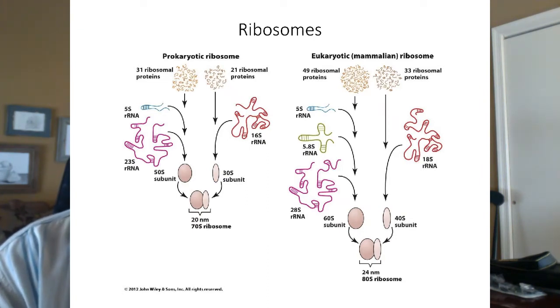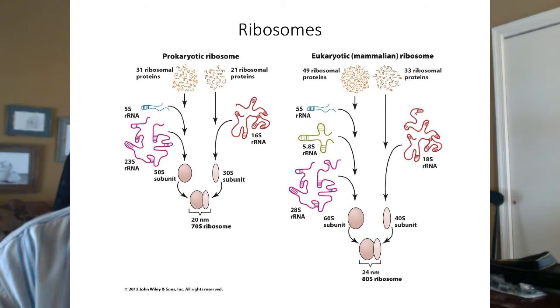Ultimately, what we really want to talk about here are ribosomes, and we've got two different graphs here, one being, of course, the prokaryotic ribosome and the eukaryotic ribosome. In this case, we're using the mammalian ribosome as an example. Note that the prokaryotic ribosome has 31 proteins in the 50S subunit.